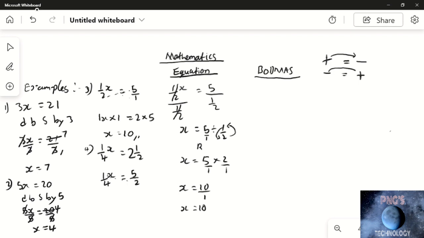So cross multiplying, we have 1x times 2 equals 5 times 4. So x times 2 is 2x, equals 4 times 5 is 20. So divide both sides by the coefficient of x, which is 2. 2 cancels 2, 2 will cancel 20 10 times. So we have x equals 10.